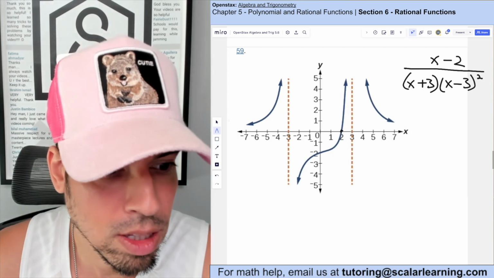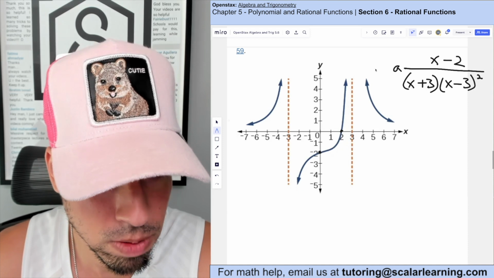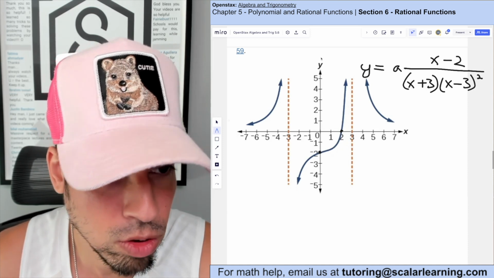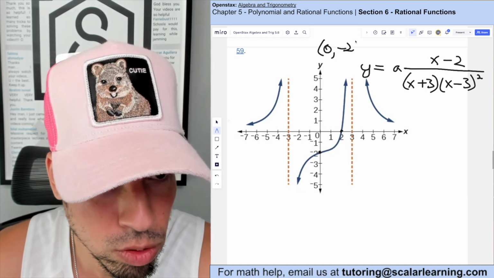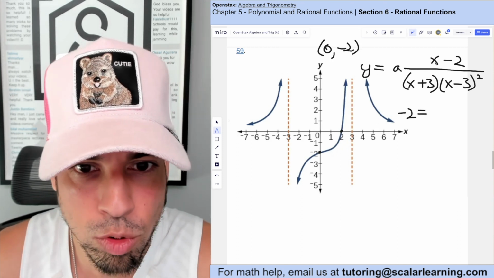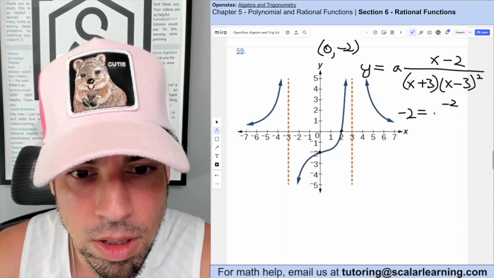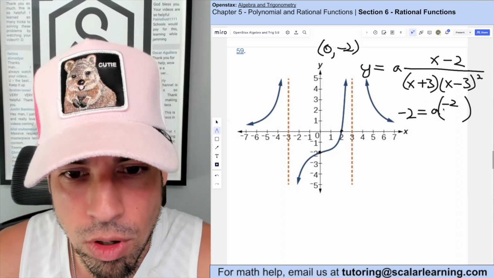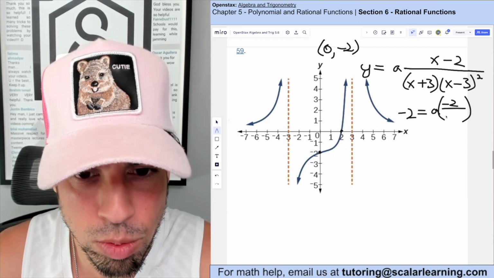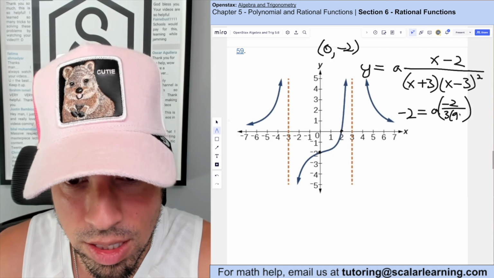And now the last thing we have to consider is this y-intercept, meaning there could be an a value here that's going to get us that nice value of (0, negative 2). To figure out what a is, we're going to plug and chug. So we got negative 2 for y equals, plug in 0 for x. We got negative 2 on top, still the a in front, over, and then on the bottom we have 0 plus 3, which is 3, times 0 minus 3, which is negative 3, but that squared is 9.